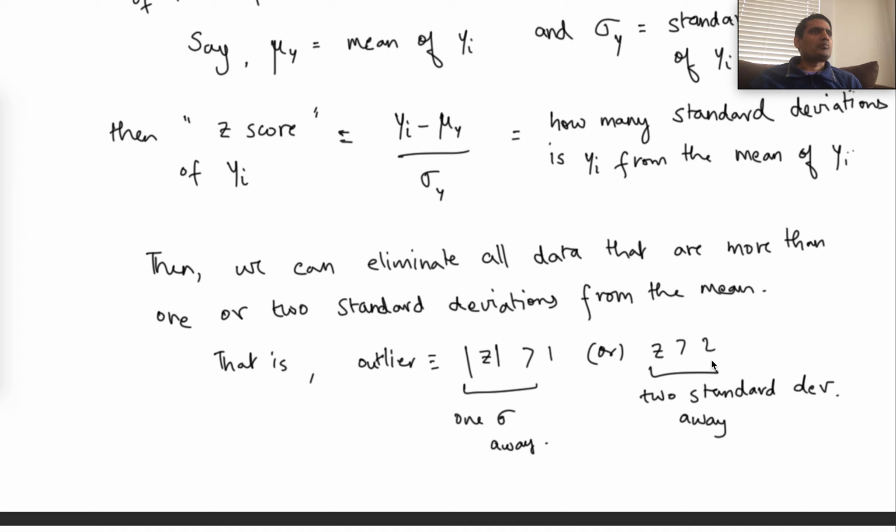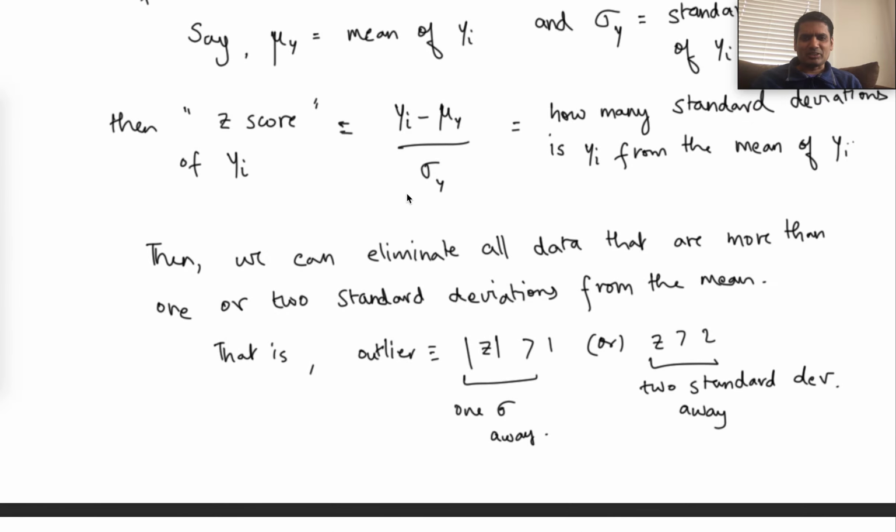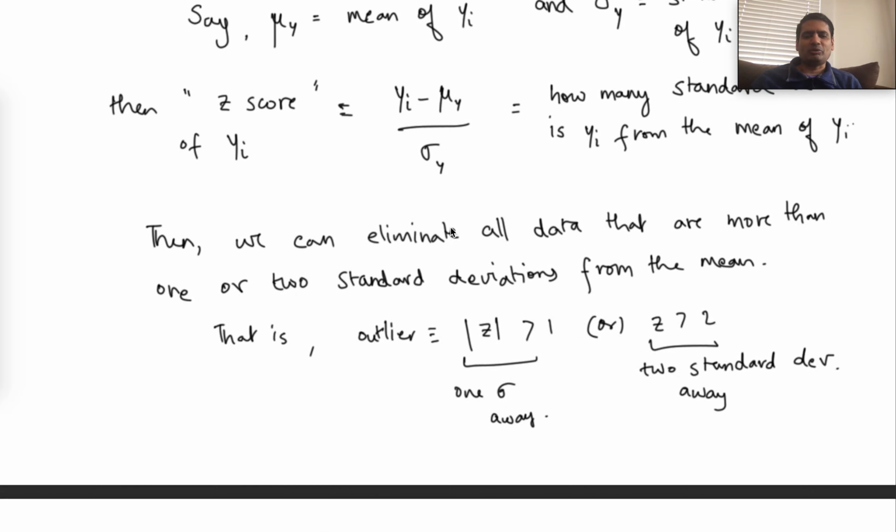And in manufacturing context, you might have heard the term Six Sigma, and that's dealing with data or objects that are 6 standard deviations away, right? Okay, so it's actually a measure of this distance from the mean. Okay, so that would be one way. So figuring out which y's are a few standard deviations away from the mean and throwing them out would be one way to eliminate outliers.